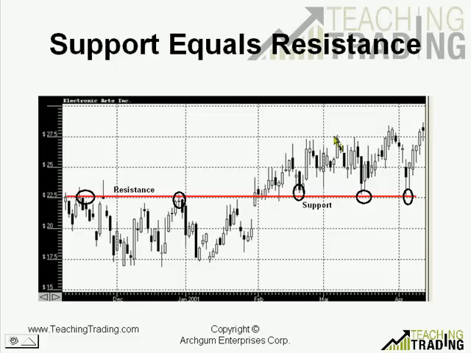So we have an intermittent high here, we have another intermittent high here, here we have another intermittent high. So we can connect these intermittent highs like so. And this is our new resistance line.